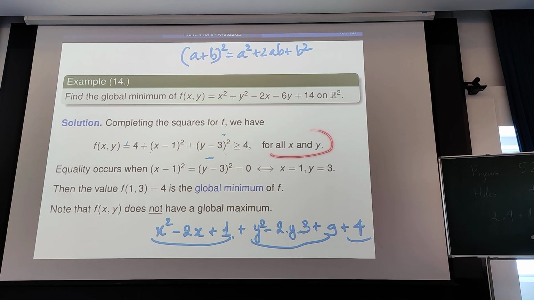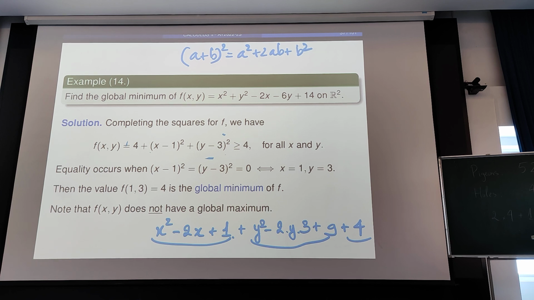For all x and y. That's clear, right? So we still need one more step to conclude the number 4 is the global minimum. We need to find the point (x, y) where we have the equality. Otherwise, the number 4 is not a global minimum.